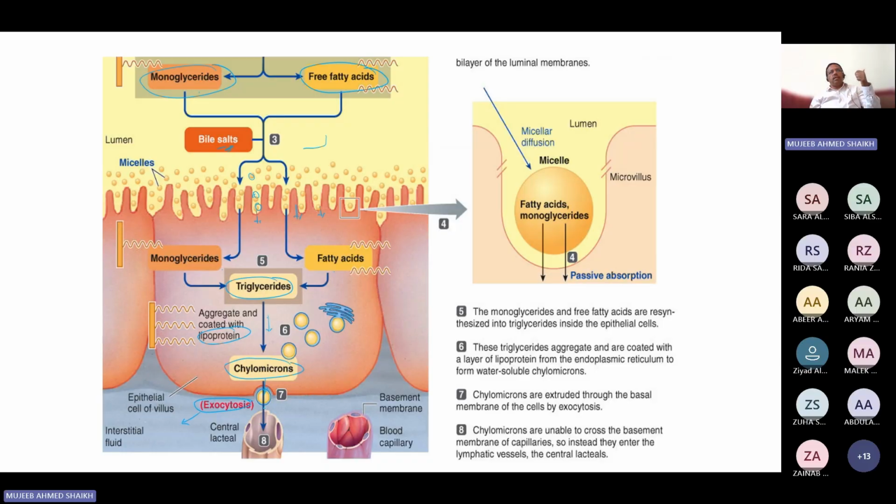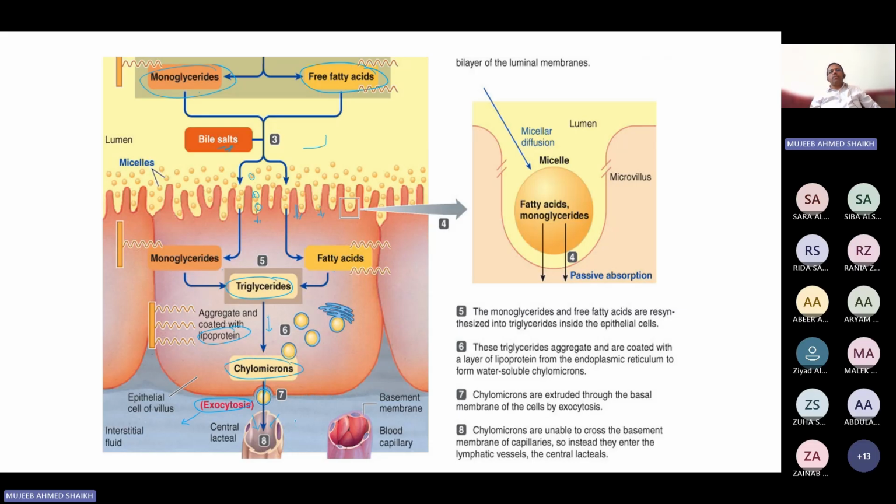So we have seen primary active transport, secondary active transport, facilitated diffusion, and also exocytosis. All these things which we discussed in the foundation block, we are repeating here. Once it is there, which place will it go to? Not capillaries. It will go to the lacteal lymphatics.